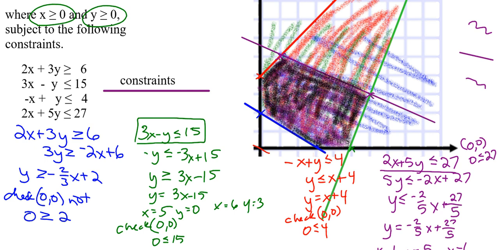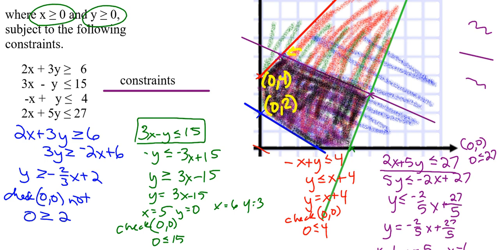And so now I have to find my key points that are on there. As I look at those, maybe I'll write them in here in a yellow color because I'll be able to see them. That point is 0, 2. This point is 0, 4.